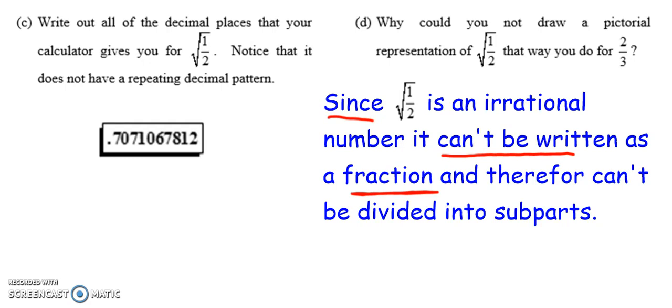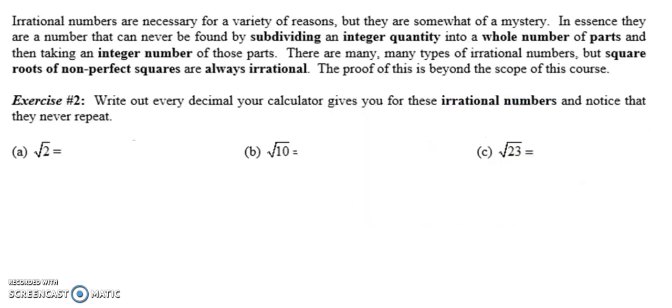All right, so let's keep moving on. Irrational numbers are necessary for a variety of reasons. We'll use them quite a bit, but they are somewhat of a mystery. In essence, they are numbers that can never be found by subdividing an integer into a whole amount of parts, then taking an integer number of those parts.